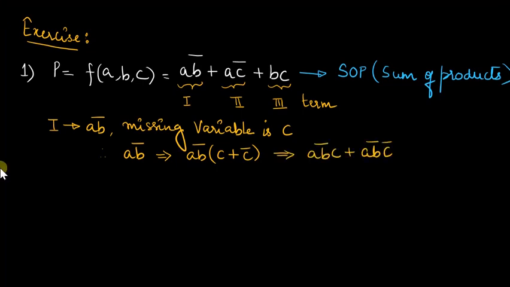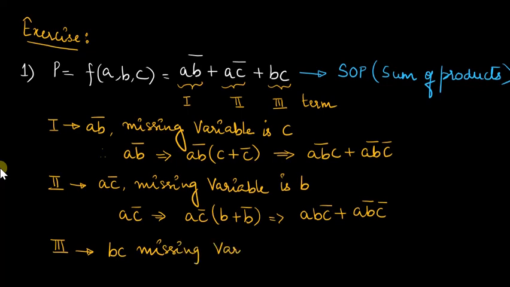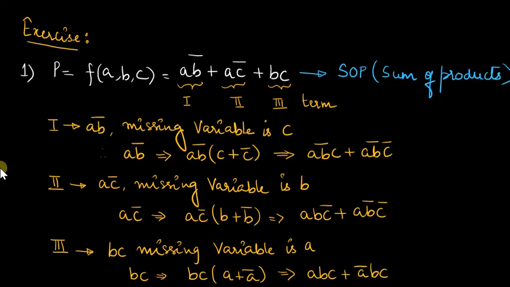In the second term B is missing, so AC bar can be written as AC bar into B plus B bar, that is ABC bar plus AB bar C bar. In the third term A is missing, so we have BC written as ABC plus A bar BC.